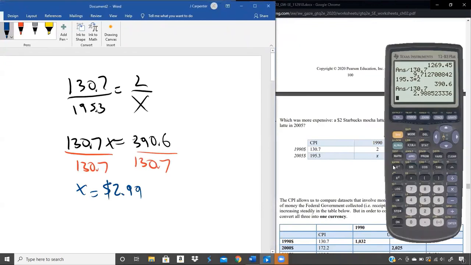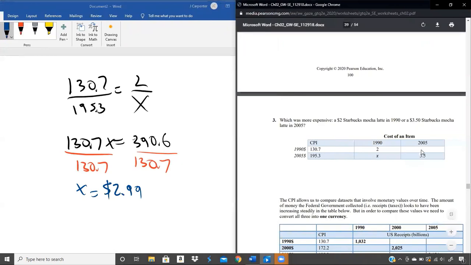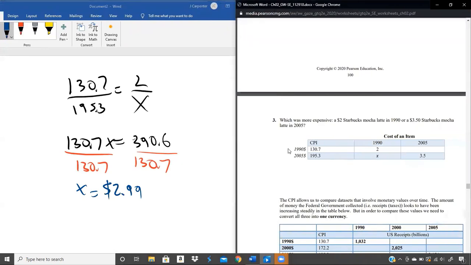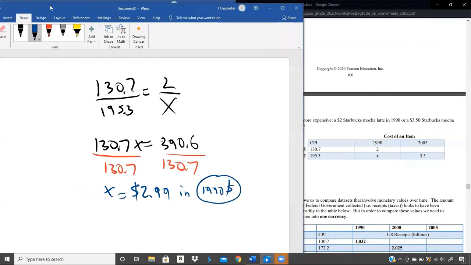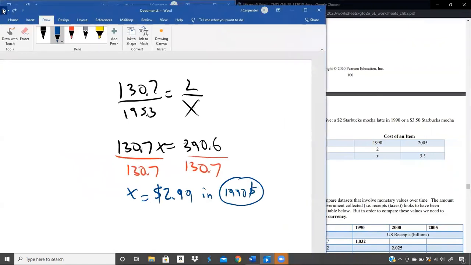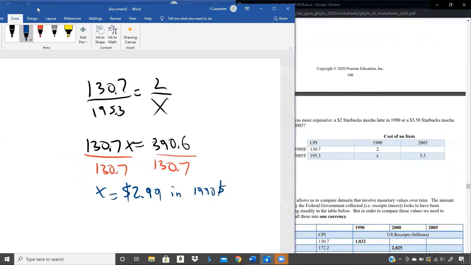Now this is specifically the dollars in 1990. When they write things this way, this 1990 and a dollar symbol, that's saying in the currency of 1990, the 1990 dollar. So the x is $2.99.